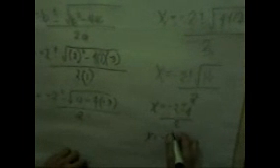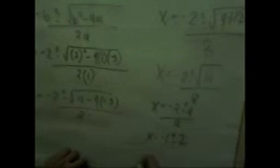Now, we can get the two answers for x, which are x is equal to -2 plus 4 over 2, and then x is equal to 1 or x is equal to -3. And those are the two answers for x.